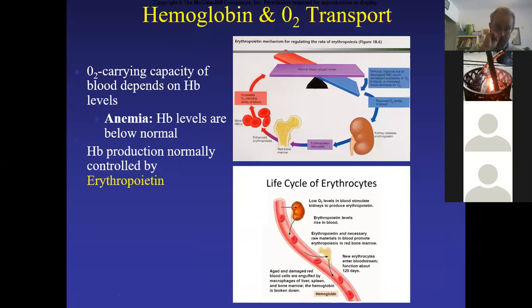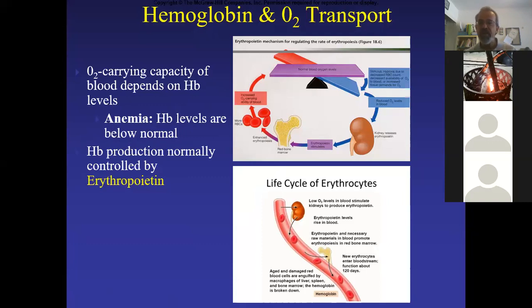All right. So as I mentioned, the oxygen carrying capacity of the blood depends on Hb. That's an abbreviation for hemoglobin. The condition to describe low levels of hemoglobin is known as anemia. So if you don't have enough hemoglobin, that's anemia. Now, there are other causes of anemia, but some are caused by low hemoglobin.